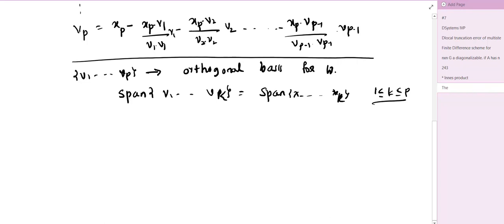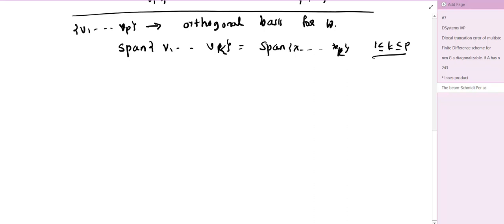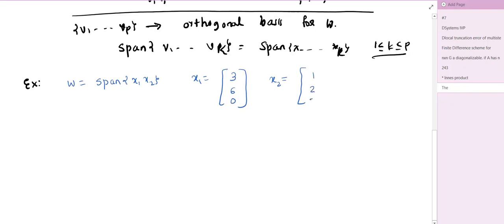Okay, so now let us see an example of how the Gram-Schmidt process helps and how we construct the orthogonal basis. Say, to take a specific example, let W be the span of x1, x2, where x1 is given by (3, 6, 0) and x2 is given by (1, 2, 2).